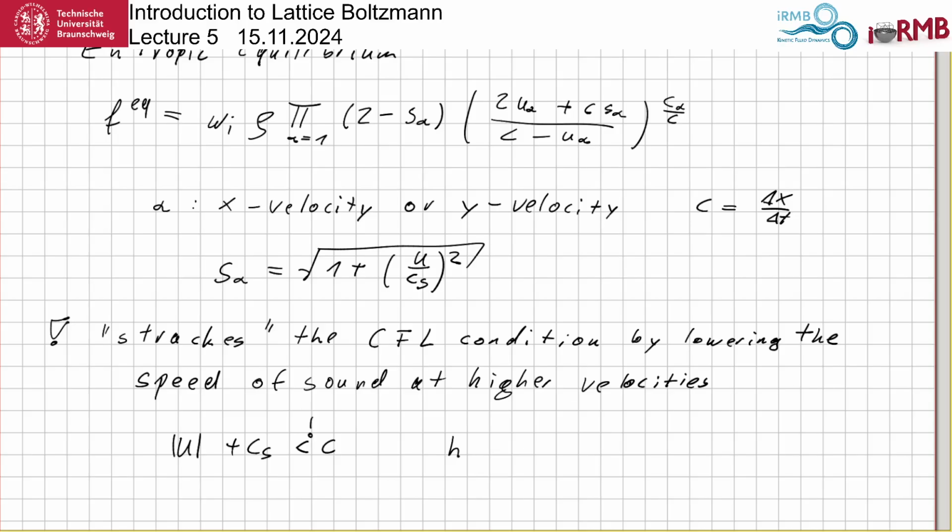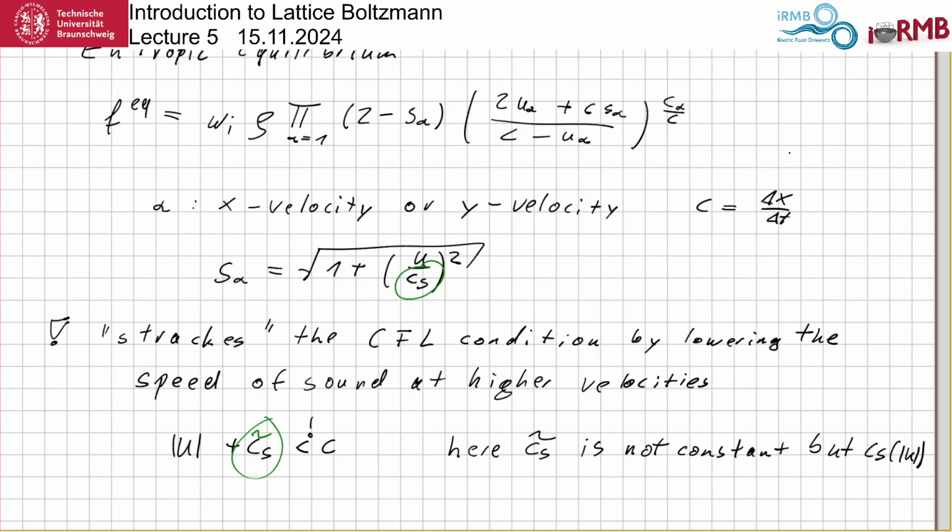Maybe this is kind of annoying, because this here is a constant, this here now is not. So cs, the actual speed of sound, is not constant, but it is a decreasing function of the magnitude of u.